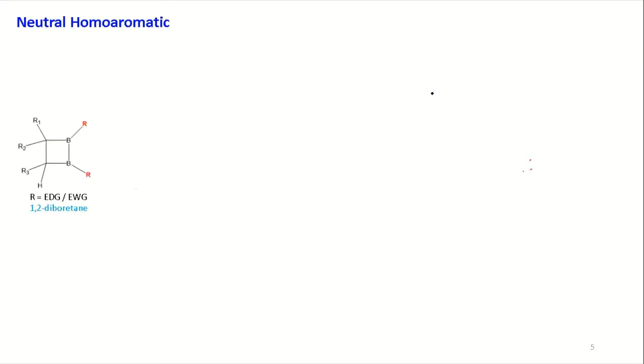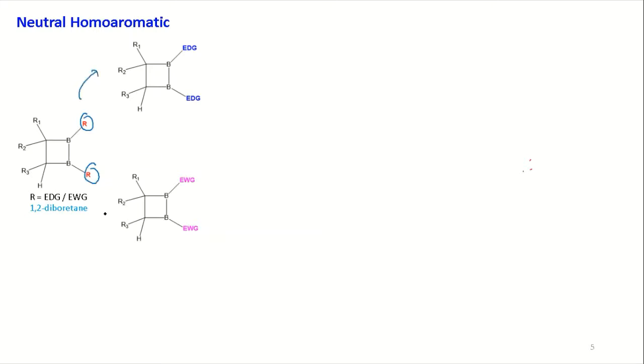Now, this is another compound where you have boron as the element. Now, if you look at this compound, when you are having an electron withdrawing group or electron donating group, this is the electron donating group.